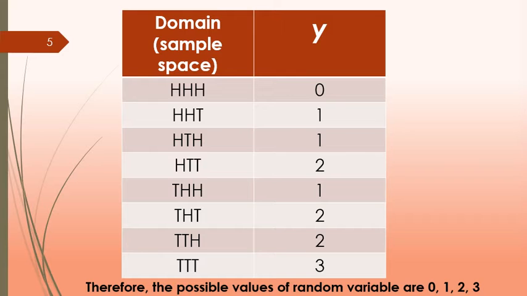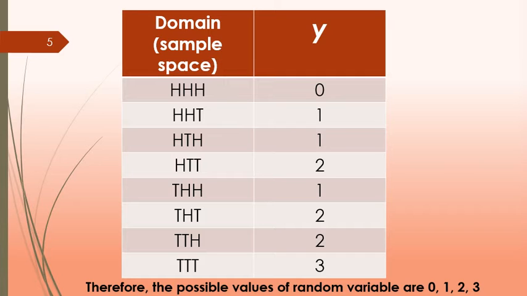In the second set, we have a tail from the outcome of this set, so we have one tail. The next set, we also have one tail, and so on.